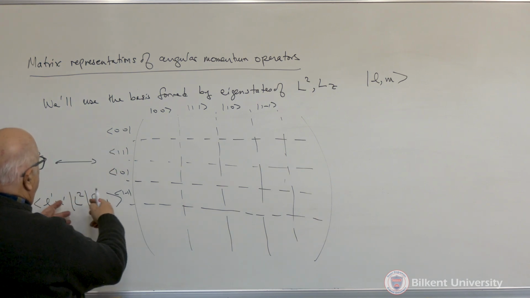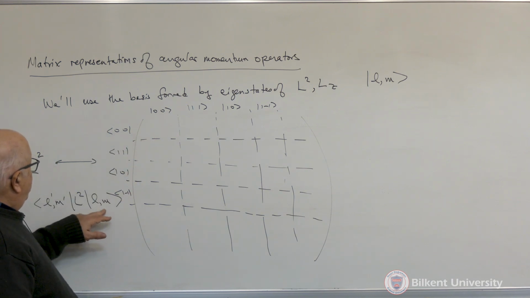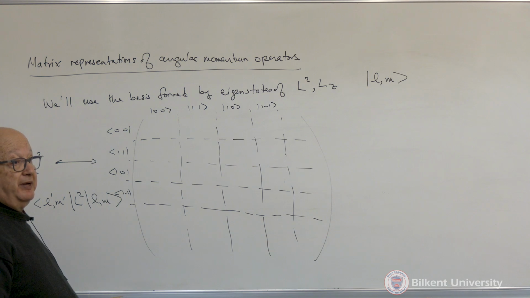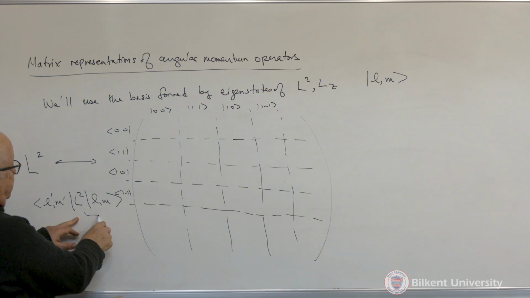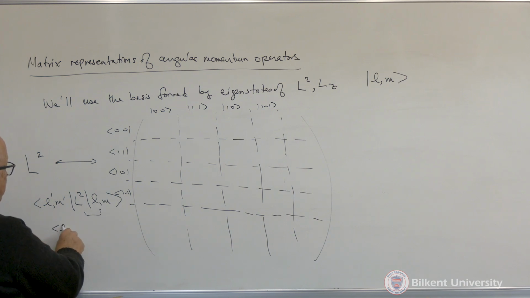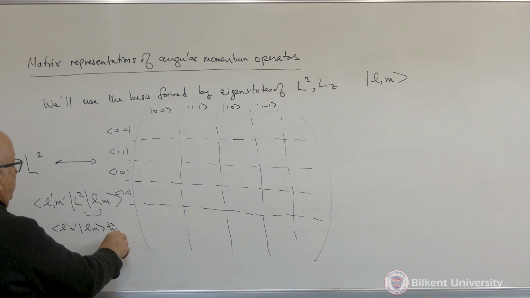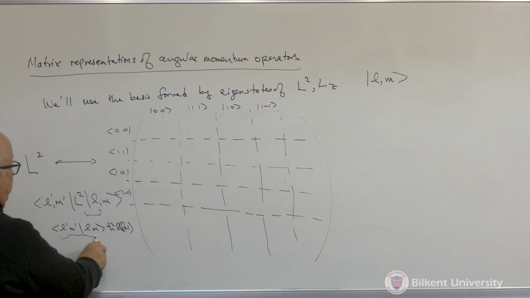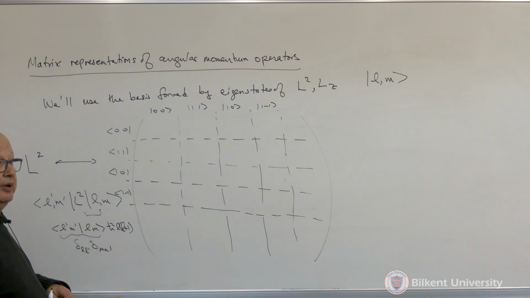So I put L squared in between these things and try to find out what these matrix elements are. Since this is an eigenket, I am going to get l prime, m prime, l, m, and an h bar squared l(l plus 1), times delta l l prime, delta m m prime. So indeed, I get diagonal elements.